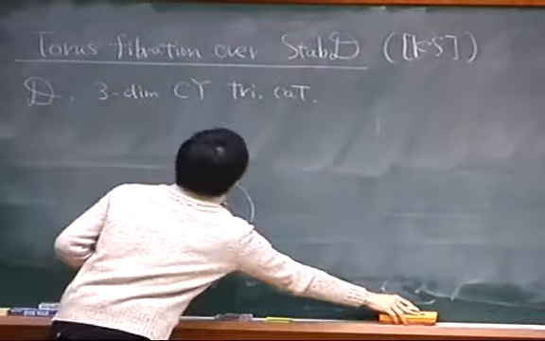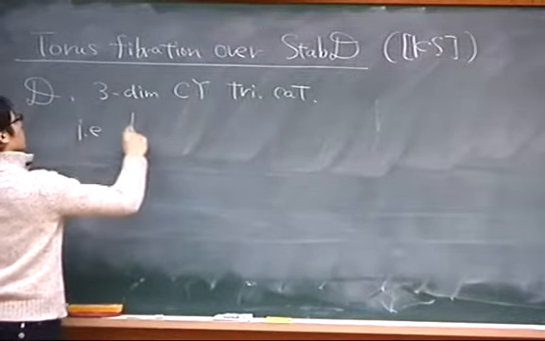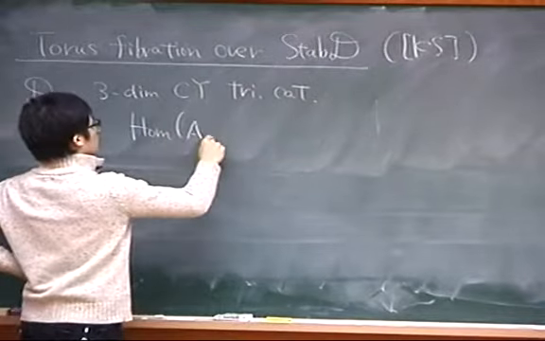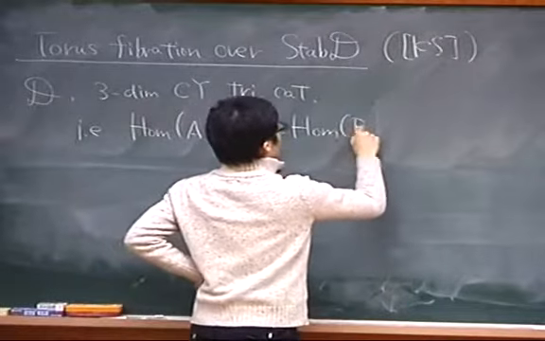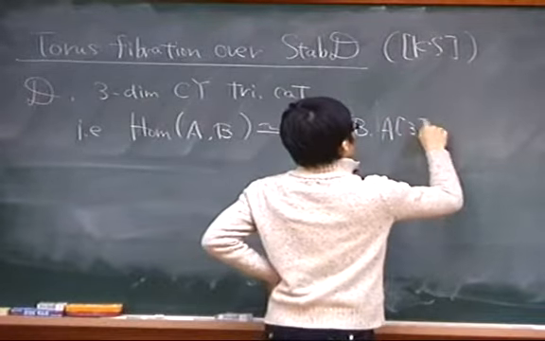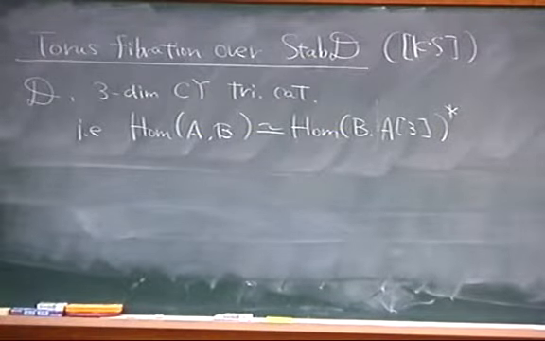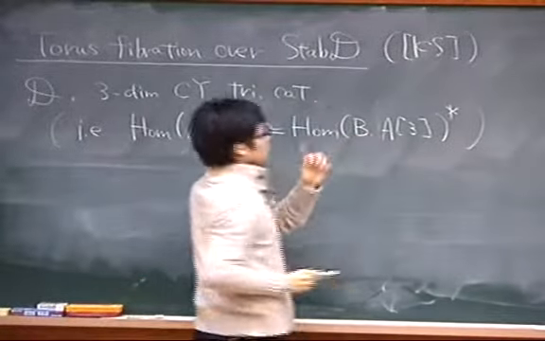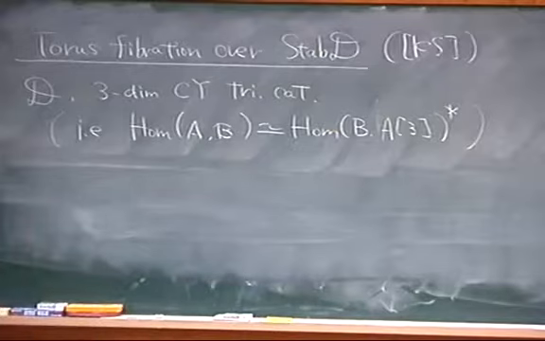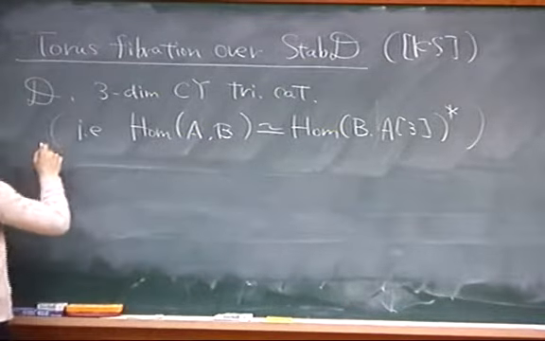This means we have the following duality: Hom from A to B is canonically dual to Ext^3 from B to A. For a three-dimensional Calabi-Yau variety, this is a consequence of Serre duality. And we assume that this triangulated category has this property.